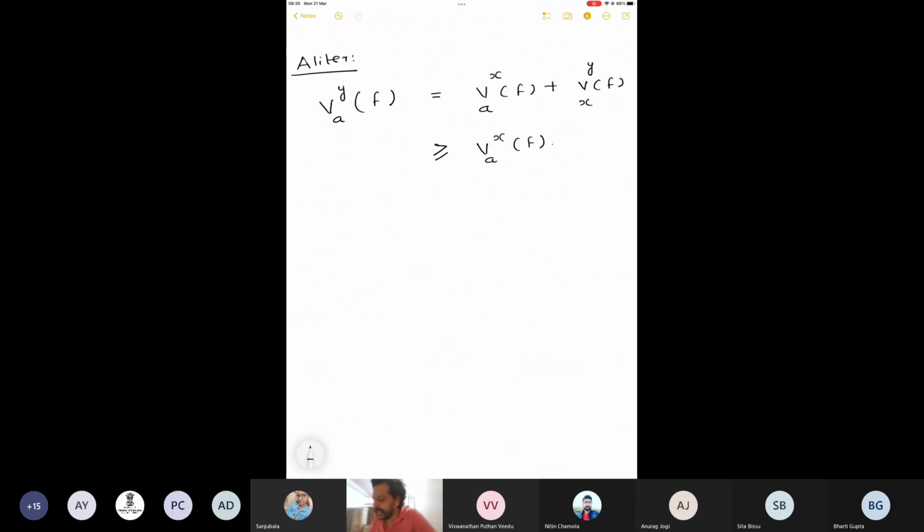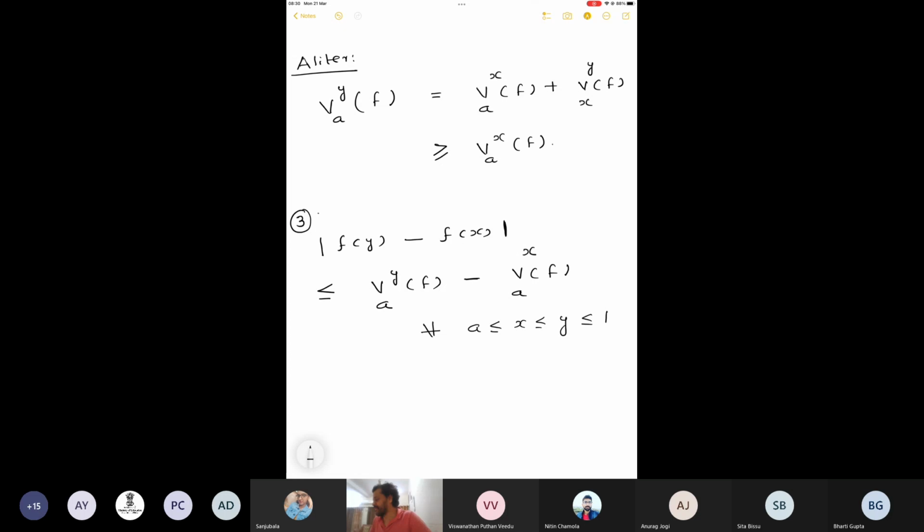Now, the next fact I want is the following. You are given a function f from [a, b] to K, and you are looking at the variation of f over the interval [a, x]. Now, modulus of f(y) minus f(x) is less than or equal to the total variation of f over [a, y] minus the total variation of f over [a, x], for every a less than or equal to x less than or equal to y less than or equal to b.